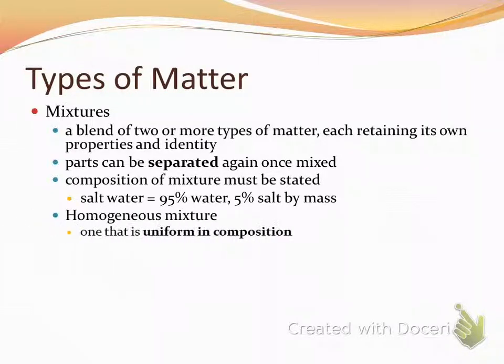All right, so let's look at what a homogeneous mixture is. These are ones that are uniform in composition. What's it mean if something is uniform? Yeah, good. It's the same throughout. So a homogeneous mixture is the same throughout its entire mixture. Everything is spaced evenly. Everything has the same concentration throughout the entire thing. It's not like things have settled to the bottom or anything like that.